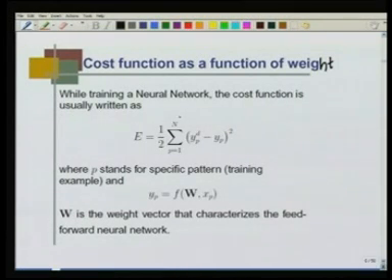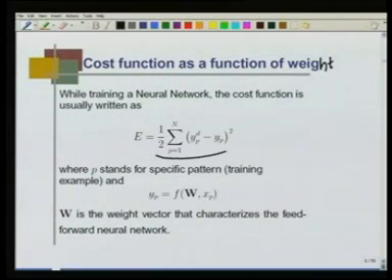So, if I have n patterns, then this total square of the error should be minimized. This is a quadratic cost function, but not necessarily we go for this function, but usually researchers use this type of function.